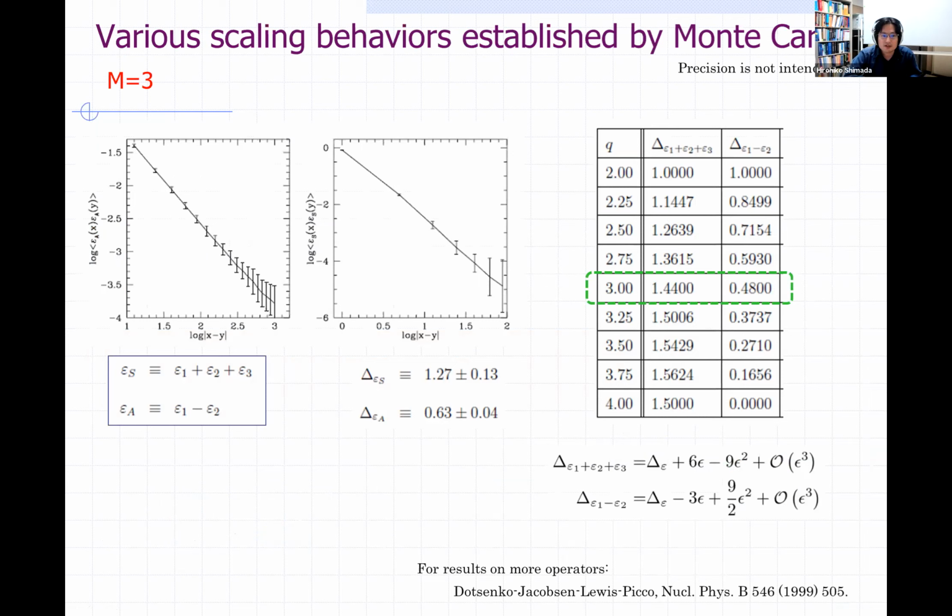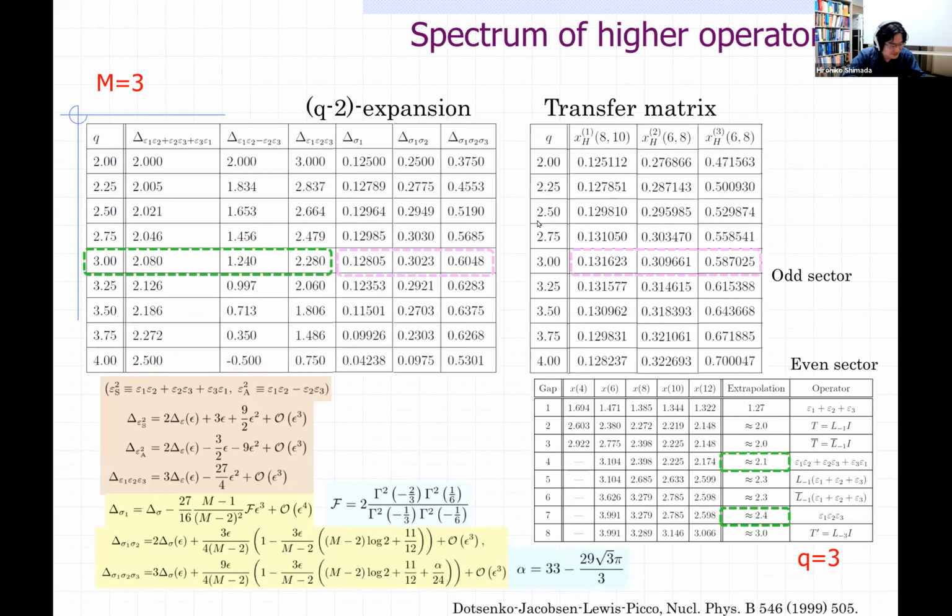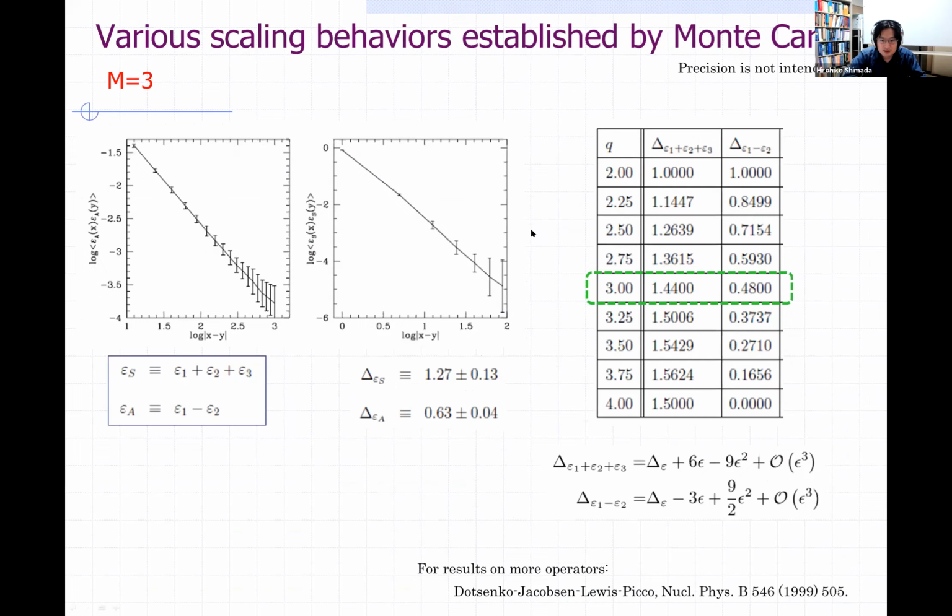So here is a very simple slide for the result of Monte Carlo. And here, precision is not intended. In this measurement, they established the scaling behavior, and they measured the dimensions for the symmetric and unsymmetric combinations of this energy operator.